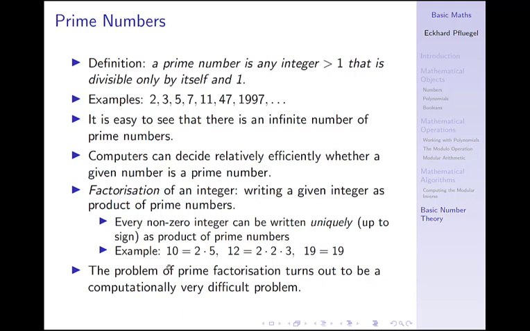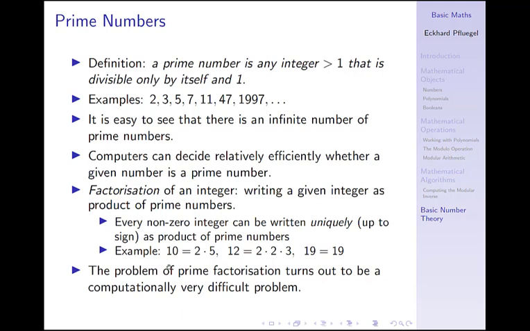If you take any of those numbers, the number 1997 as well, then you would find that you can't actually find any proper divisor. So they only have 1 and itself as a divisor. So clearly these are all prime numbers. And it's quite difficult really to know just by looking at a number whether it is prime or not. In fact, you basically can't. You have to run a test.